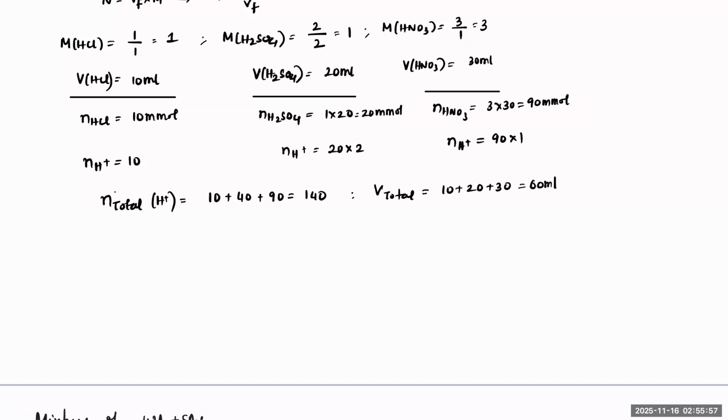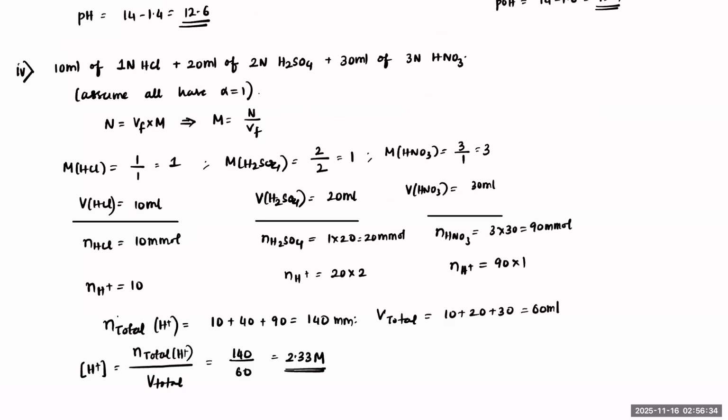So the concentration of H plus ion will be total H plus ions divided by total volume, which is 140 divided by 60. So how much are we getting? That is 2.33 molar. So that is the final concentration.